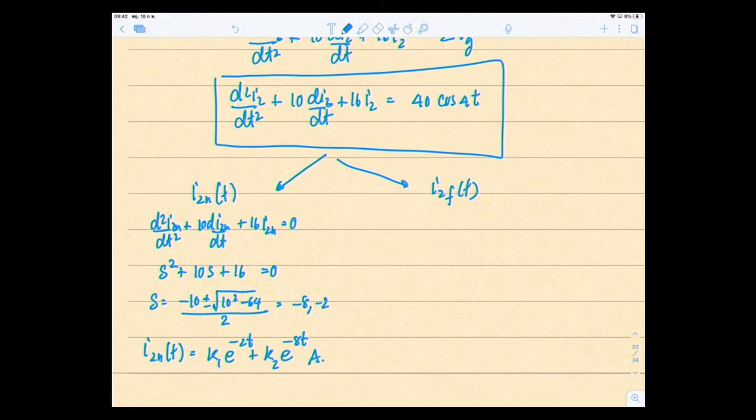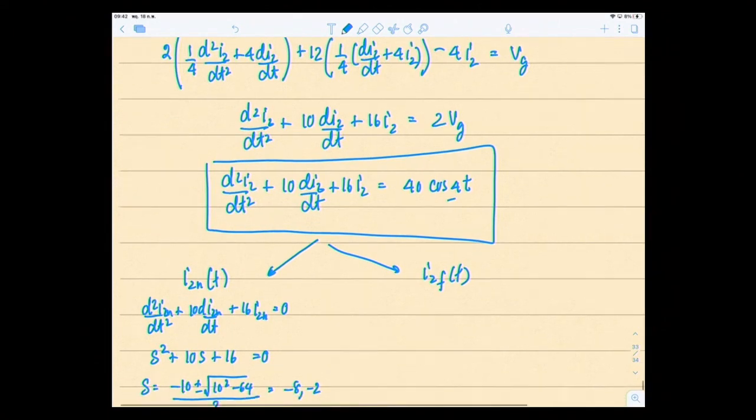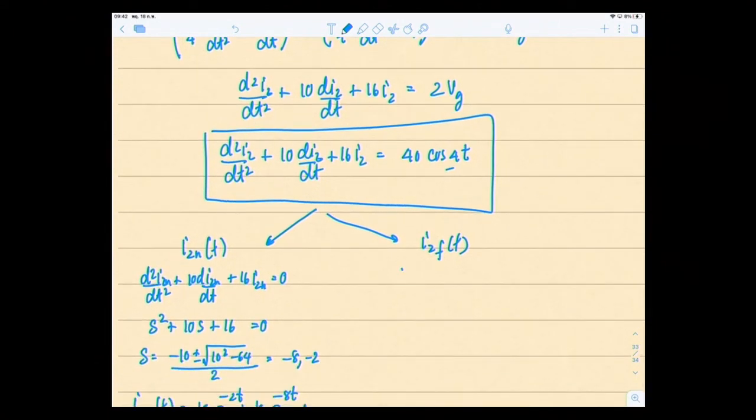So for your forced response, your forcing function is in terms of cos 4t, so try forced solutions in the form of a cos 4t + b sin 4t. Then you have to substitute this back into the original equation, and that could take a while.